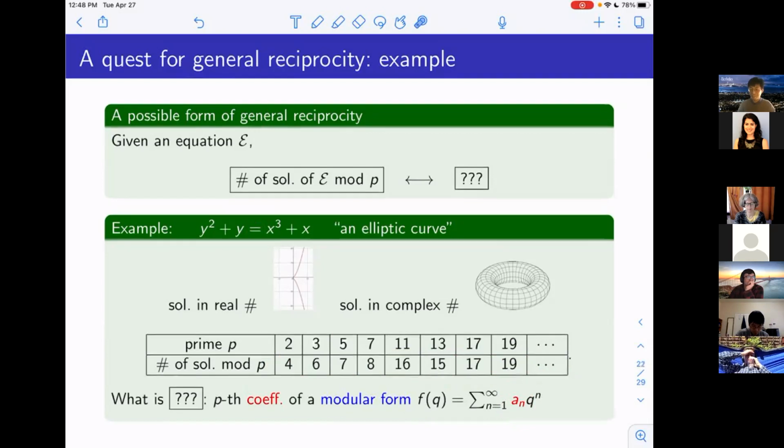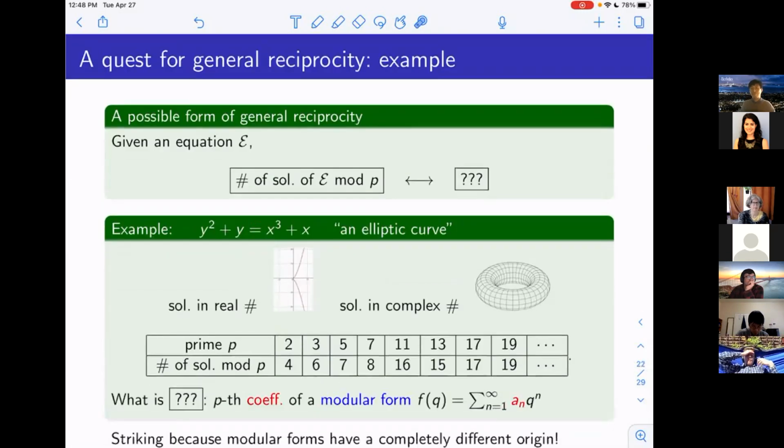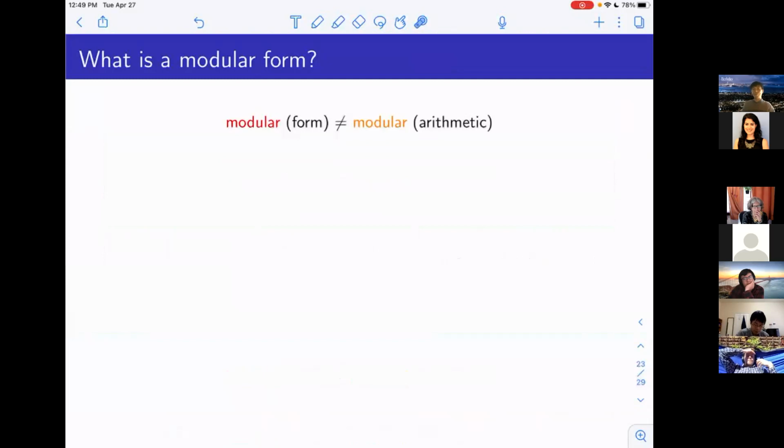So that's exciting. And it's striking because modular forms come from a completely different source than the equation you started with. But I owe you an explanation of what modular forms are about. I can't give you a complete account for sure, but let me try to say something to give you a feel for what this is all about.